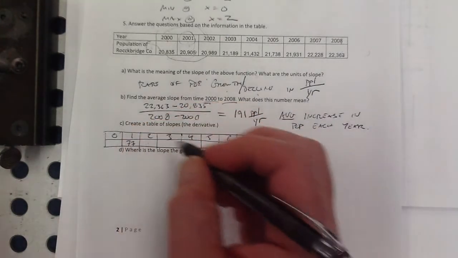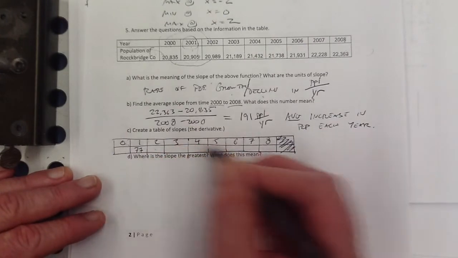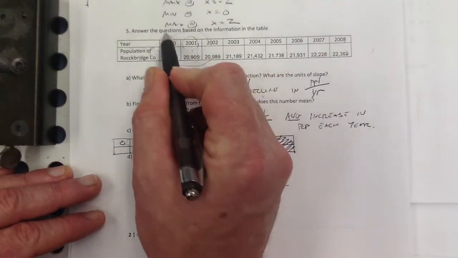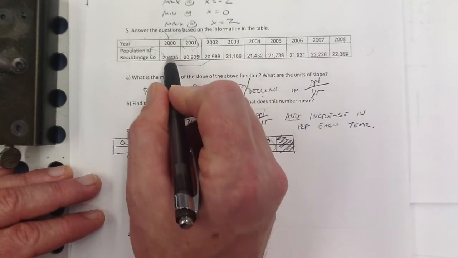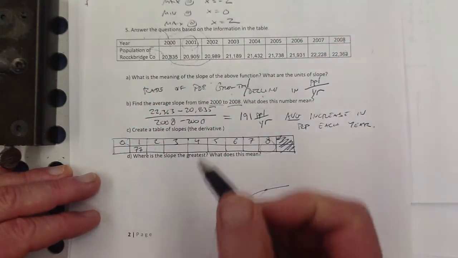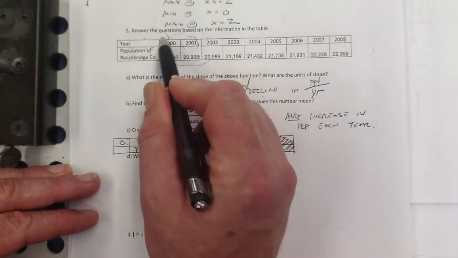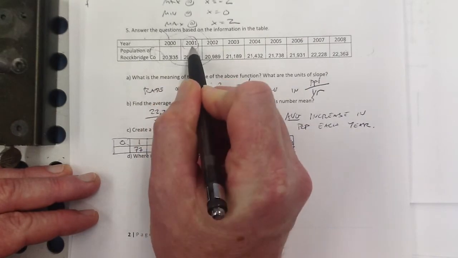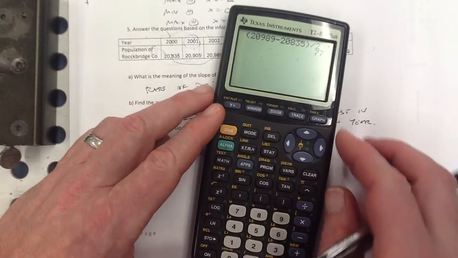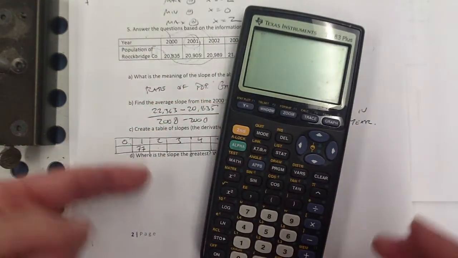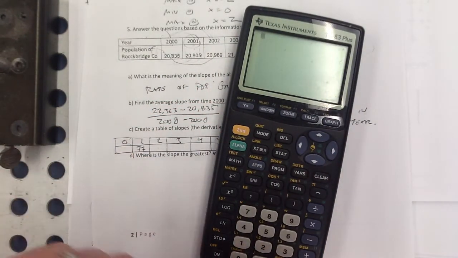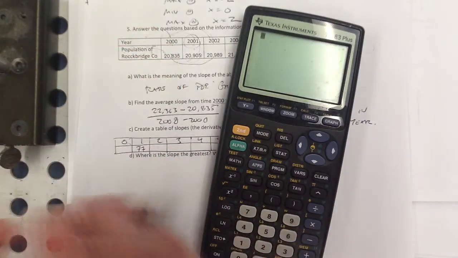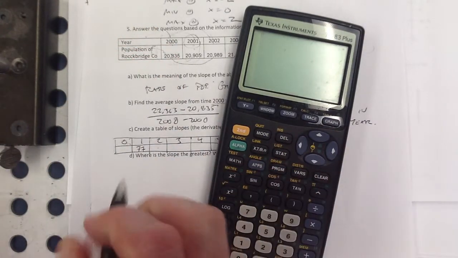And how do you do the endpoints? I don't have another point on this side. When you're stuck at an endpoint, there's nothing better you can do than use that endpoint and the one next to it. It's not a great compromise, but it's better than leaving it blank if you want a complete table. In physics, we didn't need complete velocity data, so we just left that out.